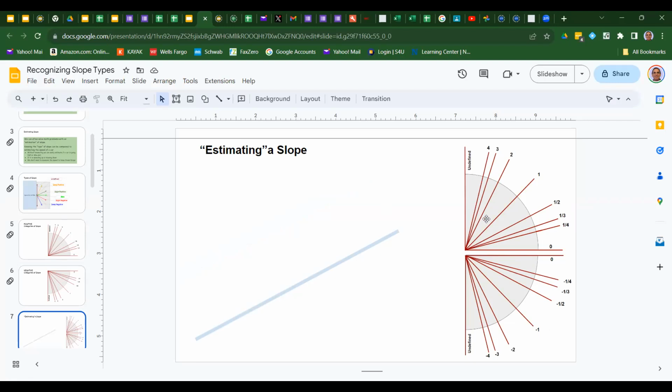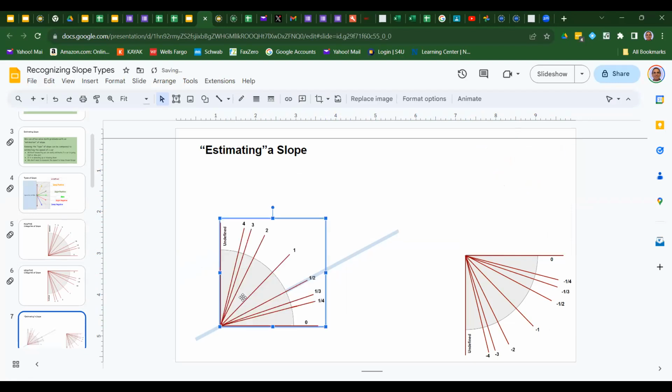So I'm going to use a gauge here, but the gauge is just to help you understand how we arrive at the kind of answer. So I'm going to grab this positive slope gauge because this is a positive slope, and I am going to put that left bottom corner right on the line. And see what it shows me is that this must be a slope of about 1/2.